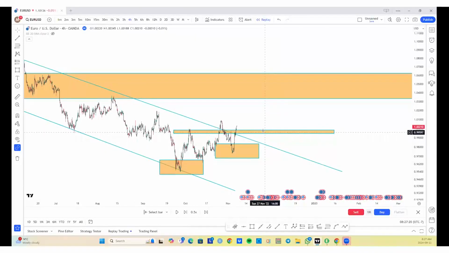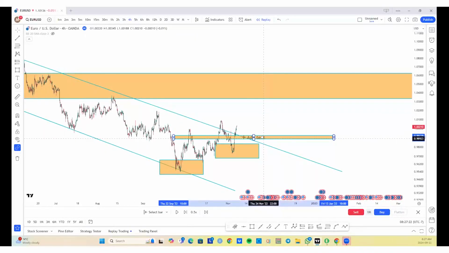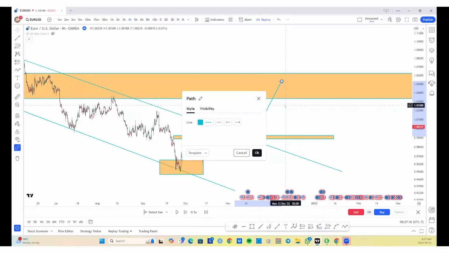We can see here it breaks through this resistance, again it breaks through. What I'm thinking is, you want to get some retesting, coming back to retest and then going back up at least to the previous resistance.